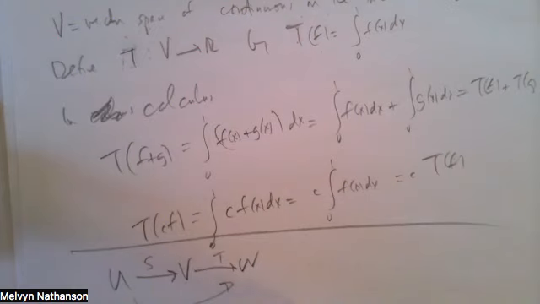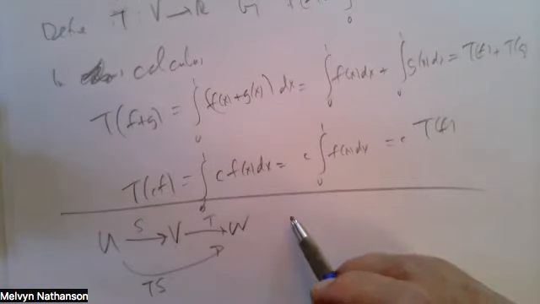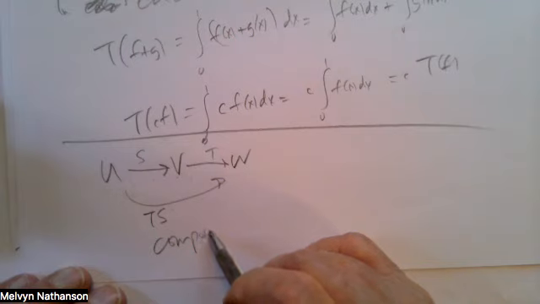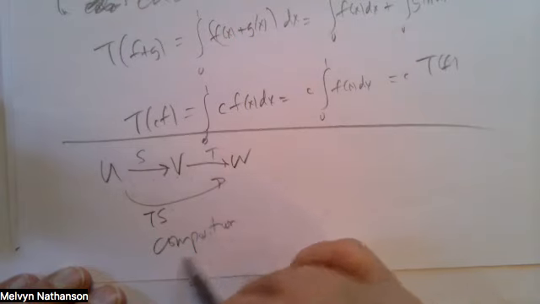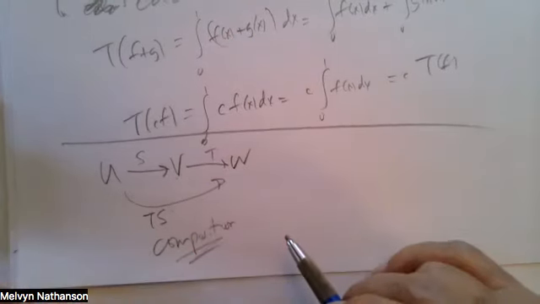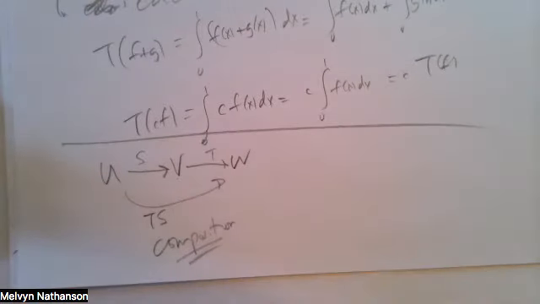T composed with S is a linear transformation from U to W. So this is composition, which you studied a lot in calculus. The chain rule, for example, tells you how to differentiate a composite function.